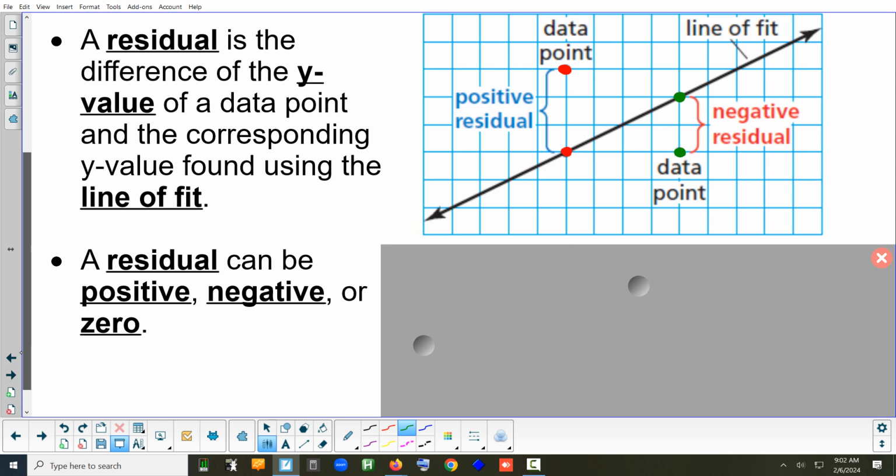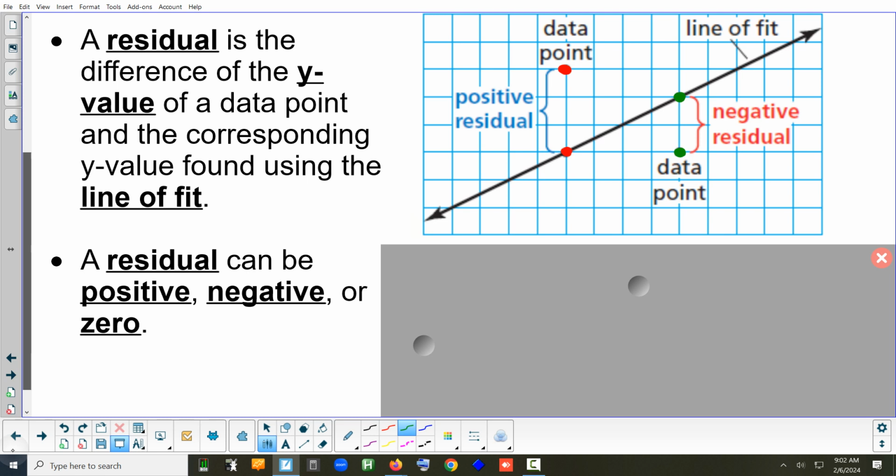It'll be positive if your data point is above the line, negative if it's below, or ideally 0, that's the best. If you had a 0 residual, where do you think that means your data point would be? It'd be right on it. That's what you want. Can't always do that.